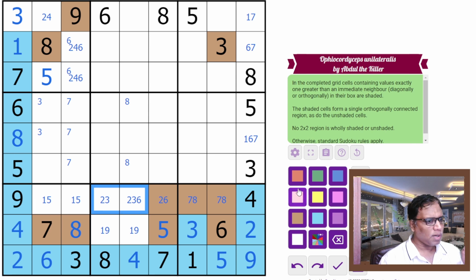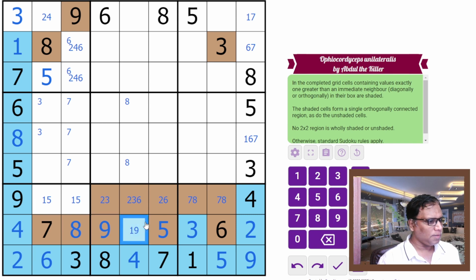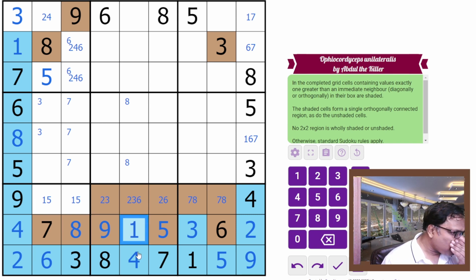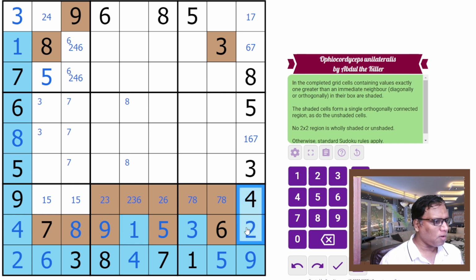Alright, they all are dark, right? And that means this must be light and this must be dark, right? And this dark means this has to be 9, this has to be 1. And look now, for this, all the roads have been finished, so it must escape from there or here or something like that.